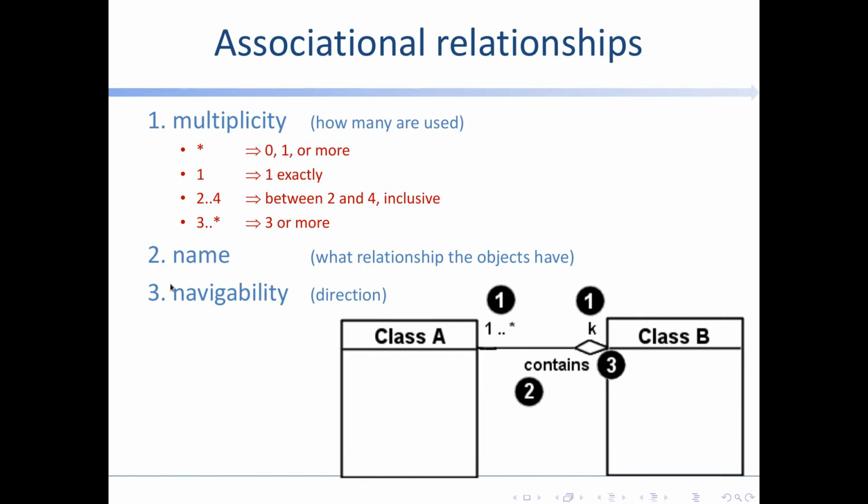And finally, the direction, the navigability, is represented by this diamond. I just told you that this class A includes class B. I can say that because the diamond's on towards the class B, so it's like an arrow pointing to class B. If the diamond was on this side, then I should have said class B contains class A. Okay.